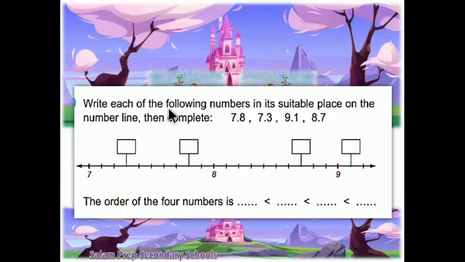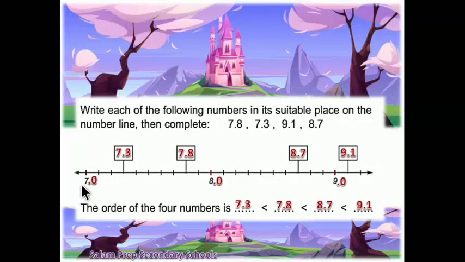Write each of the following numbers in its suitable place on the number line, then complete. After 7, 7.1, 7.2, 7.3, 7.4, 7.5, 7.6, 7.7, 7.8, 7.9, 8, 8.1, 8.2, 8.3, 8.4, 8.5, 8.6, 8.7, 8.8, 8.9, 9.1, 9.2.